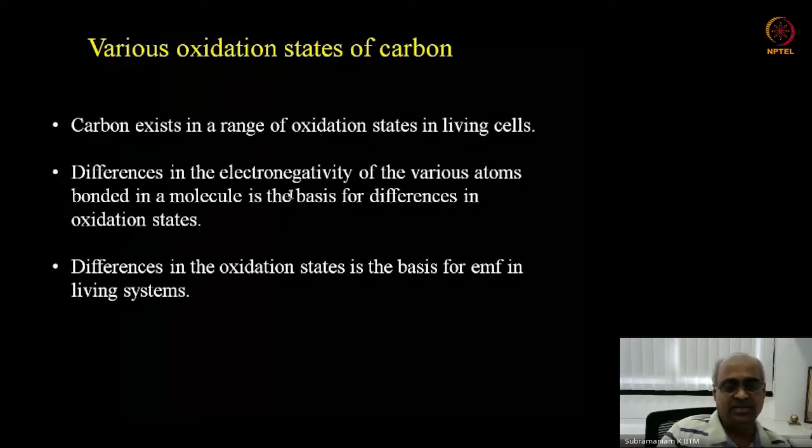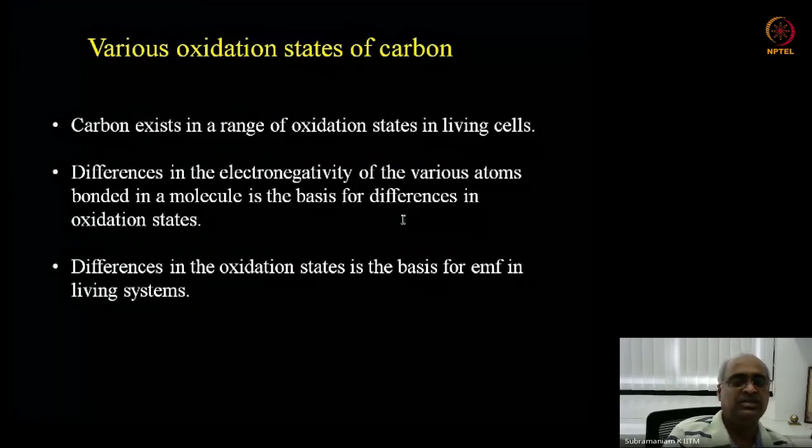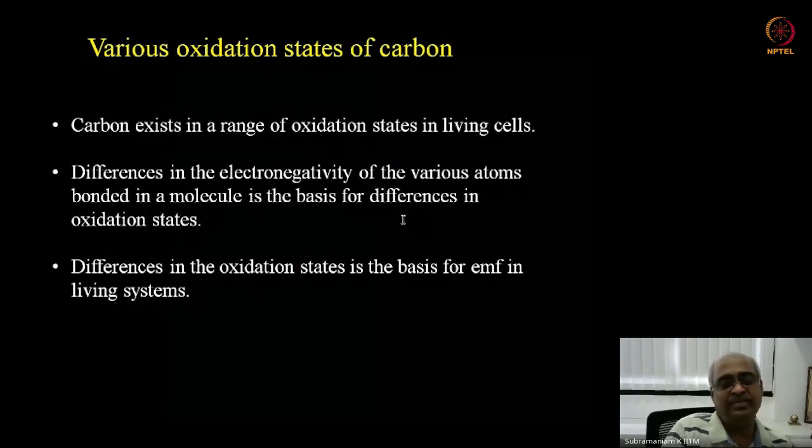And the basis for this is the relative electronegativity. Like if you have carbon bonded to hydrogen, nitrogen, phosphorus, sulfur, oxygen. So depending on that, the relative affinity will keep changing because the electronegativity of these atoms varies.